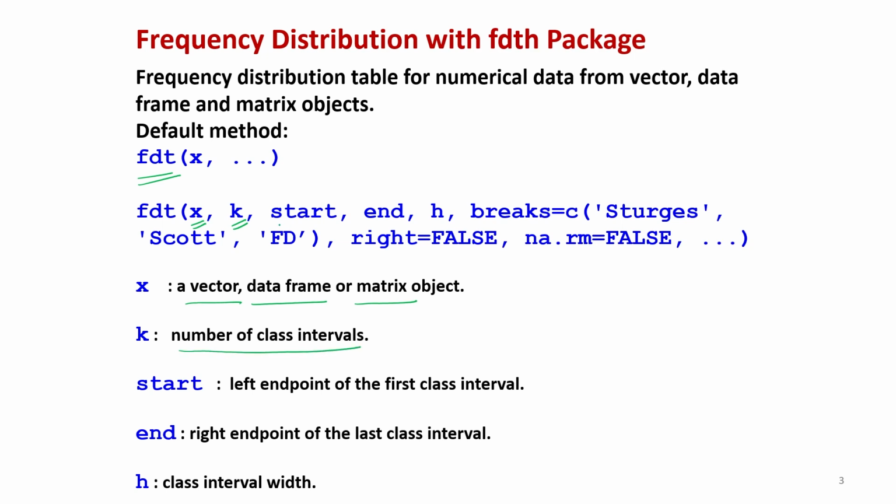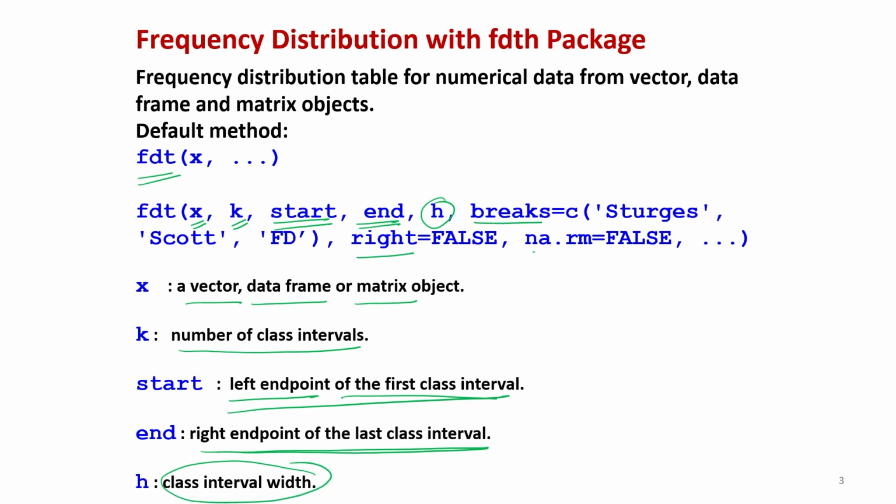Then we specify start and end, which are the left endpoint of the first class interval and the right endpoint of the last class interval. Then we define h, which is the class interval width. After that we can define breaks, right, and na.rm.